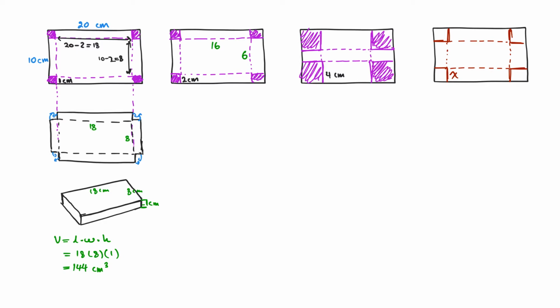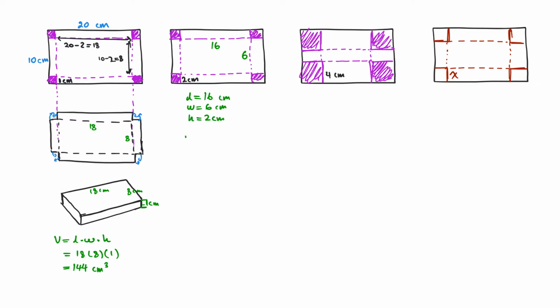And our height, just like before, is just our cutout length, which is just 2. So in this case, our length is equal to 16, our width is equal to 6, and our cutout length or our height is equal to 2 centimeters.